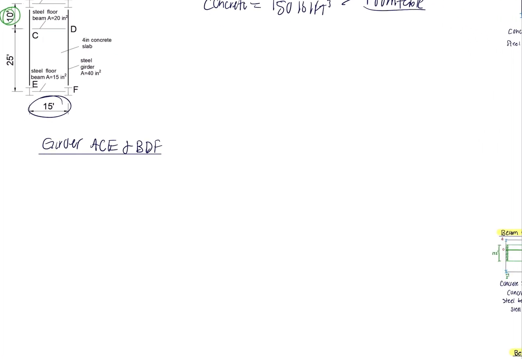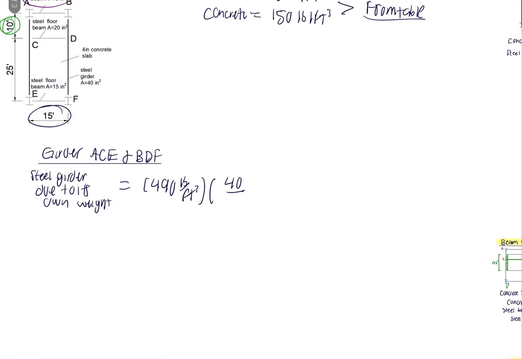To calculate the dead load for the girders, we will do the steel girder due to its own weight. This will be the 490 pounds per cubic foot from the steel, and then we will do the 40, which is the area of the girder, shown here, which is 40 inches squared.